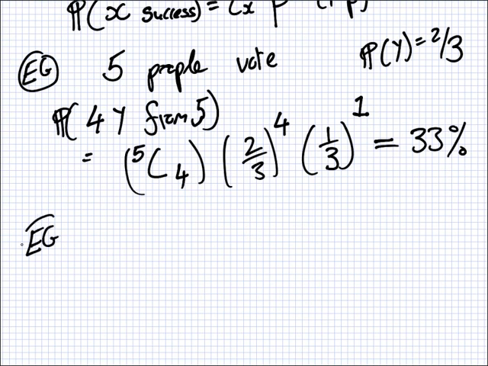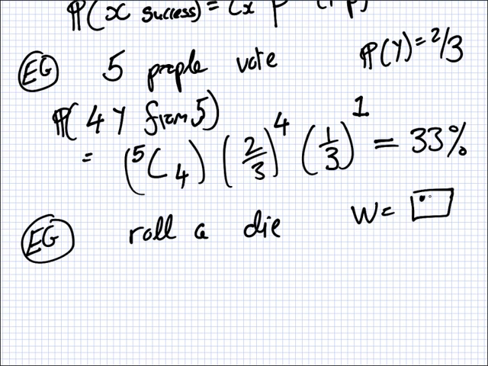Let's say you roll a die, and a win is if you get the 6, and a lose is everything else.